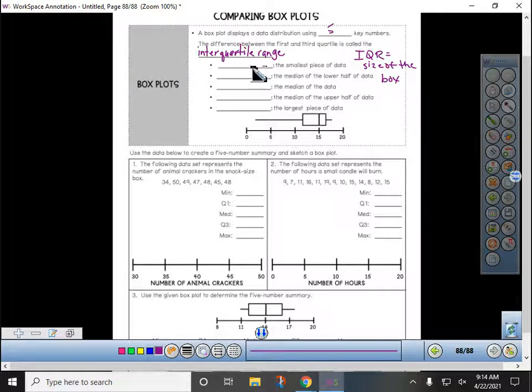Ready to move on? The minimum is the smallest piece of data. The median of the lower half of data is called quartile 1.